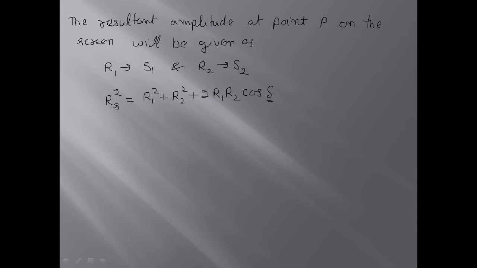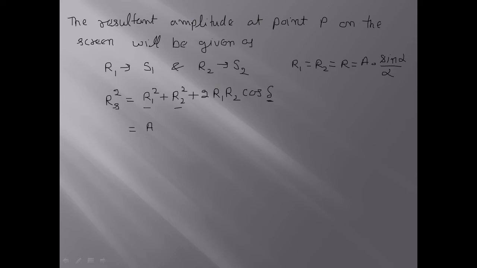Let me put the values of R1 and R2. As we know that these two sources are similar in wavelength and amplitude, then R1 is equal to R2 is equal to R is equal to E naught sine alpha divided by alpha. Let me put this value in this equation.